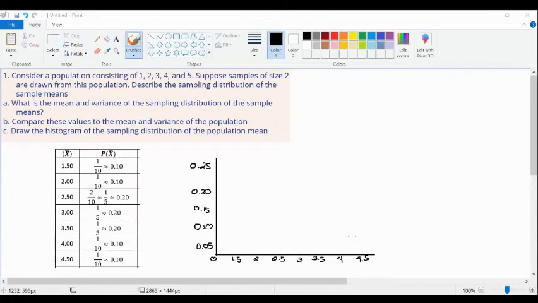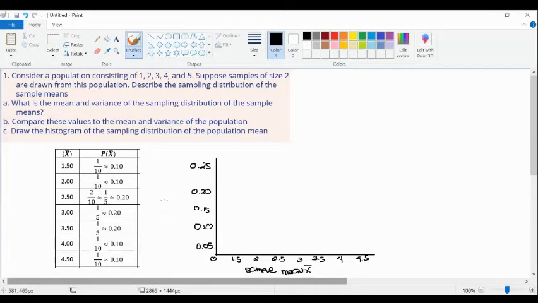For the x-axis, or the horizontal line, we're going to label it as your sample mean. So we have the sample mean of 1.5, 2, 2.5, 3, 3.5, 4, and 4.5.